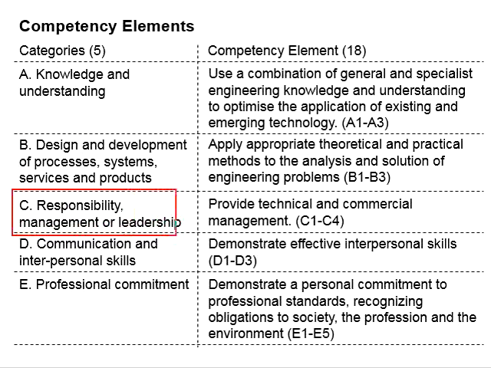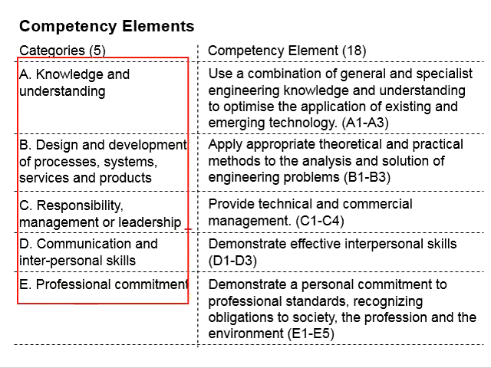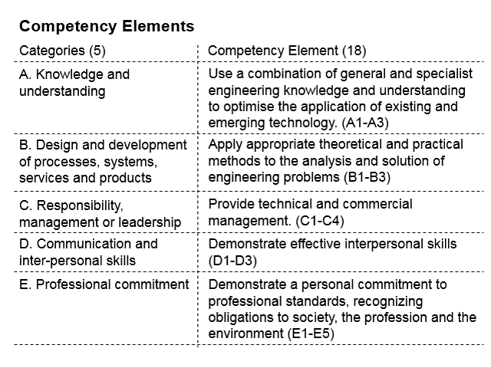C, responsibility, management and leadership. D, communications and interpersonal skills. And E, professional commitments. These competency elements outline the requirements for an engineer who is deemed to be qualified as a professional engineer.